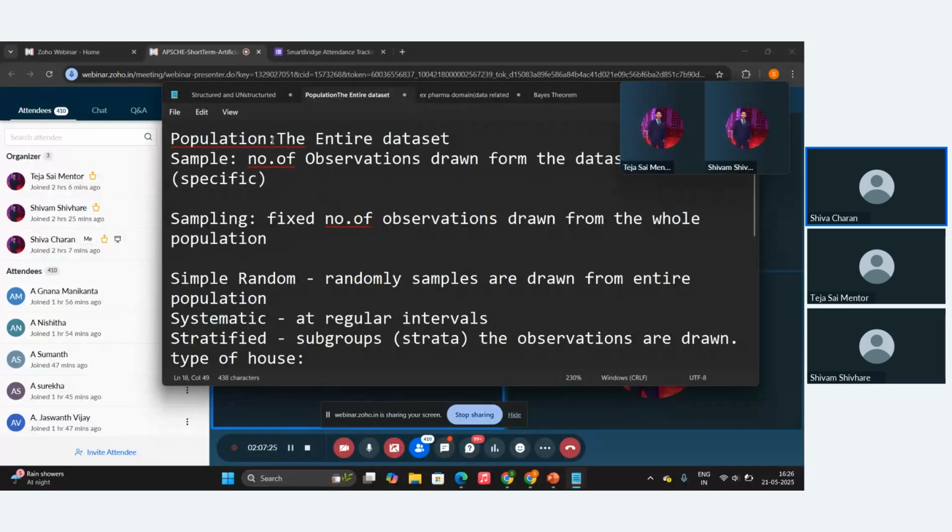So coming to population, I'm having an entire data set. Someone was asking about a data frame. A data frame is a two-dimensional array. Two-dimensional means it will be having rows and also columns. Let's say we all know Excel, right? In Excel we store values as per the column name. Let's say I'm having a column for type of car, and another column, ice cream type.